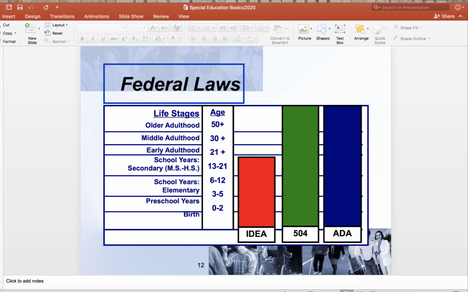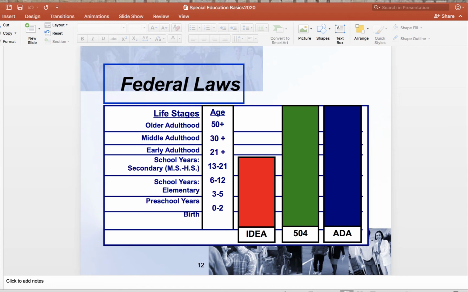You'll see that under IDEA kids are served from ages birth through their 21st birthday. The kids with visual impairments and auditory impairments are served at birth through 21. All the rest of the kids are identified and served from ages 3 through 21. Section 504 is a lifelong law from birth to death, or cradle to grave, and the same with ADA, from cradle to grave.